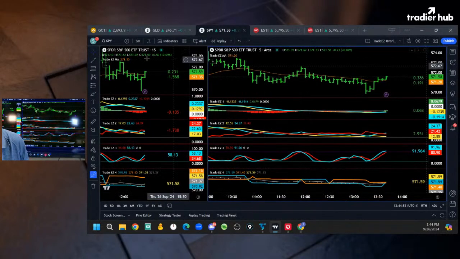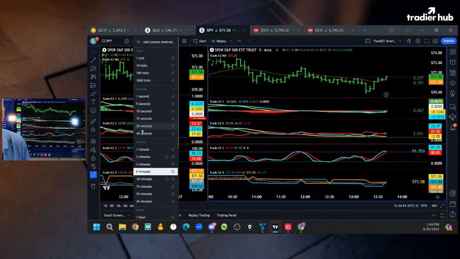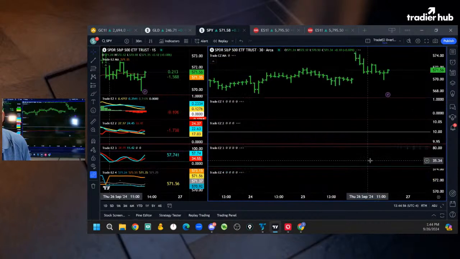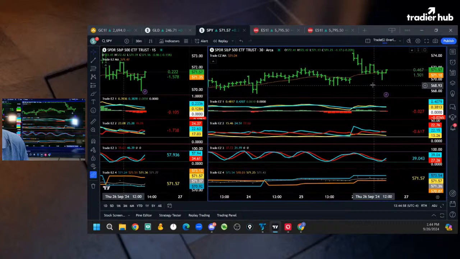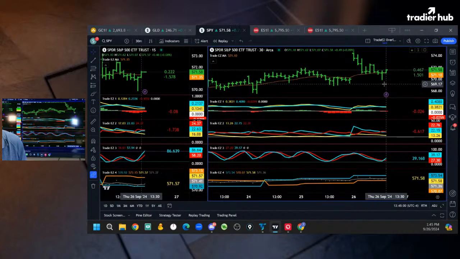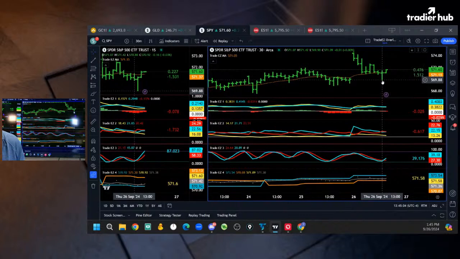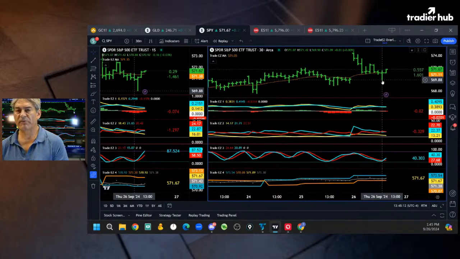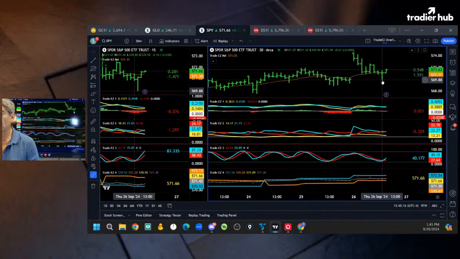You can see right before we got on, the spiders deeply oversold here, filled the gap, and then right here you can see the low, the 169.88, and right now we're almost up $1.80 off that. Still a little bearish here on the 15s. Let's see if they can get one more push down here on the S&P futures.